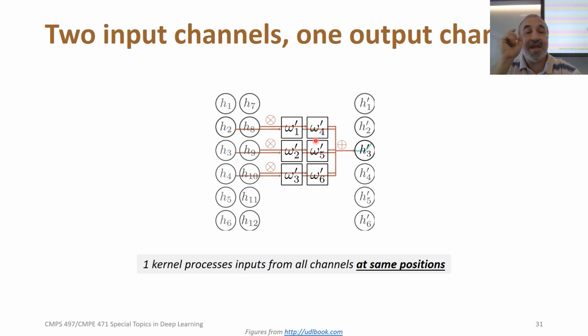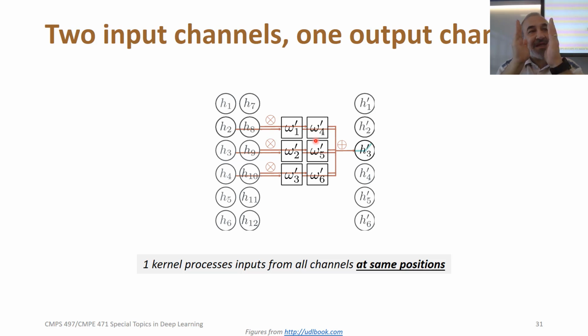We can have multiple input channels and also multiple output channels, and they are different. You have to understand that the processing is different. When we have multiple output channels, that means that we have multiple kernels. Each output channel is produced by one kernel.